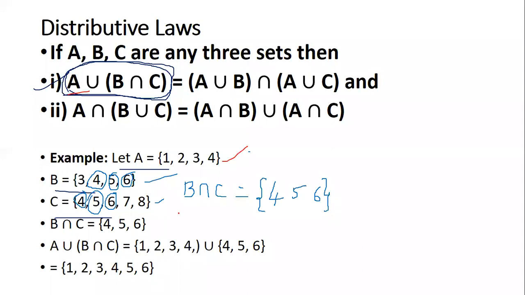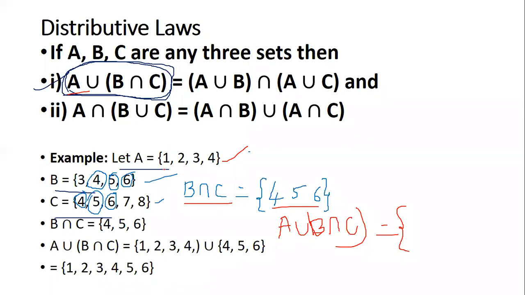Now, we are supposed to find out A union B intersection C. Now, we already have B intersection C as 4, 5, 6 and A as 1, 2, 3, 4. Now, what will be the elements when I have A union B intersection C? Very good. People are already answering. Come on, others also have to answer.